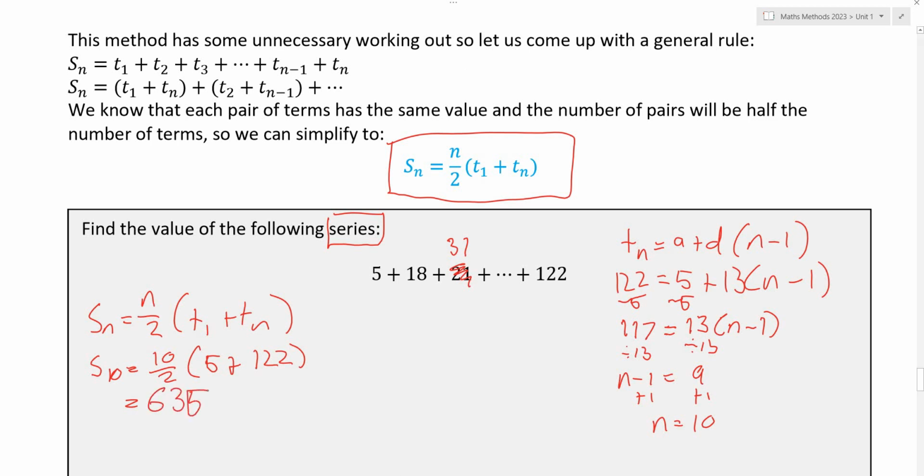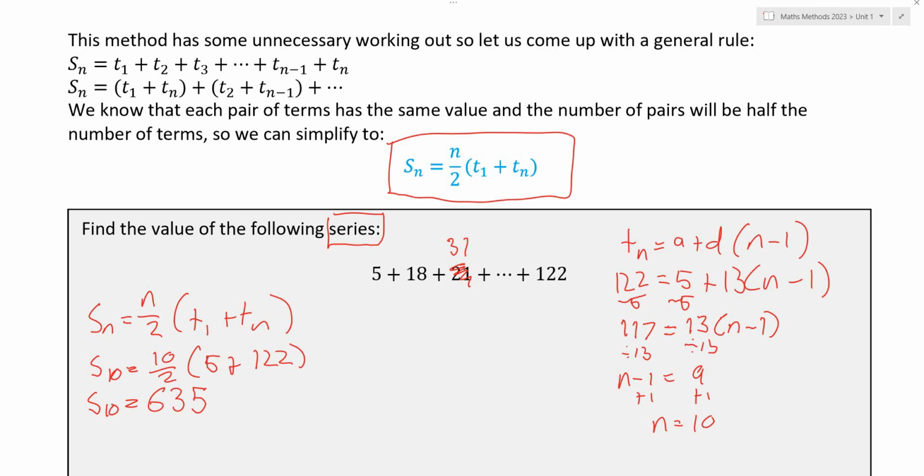Sounds reasonable to me. So the way you would read this, guys, the sum of the first 10 terms is 635. That's all.